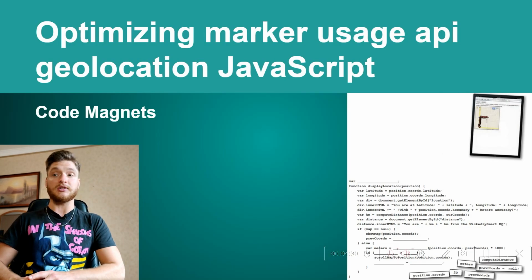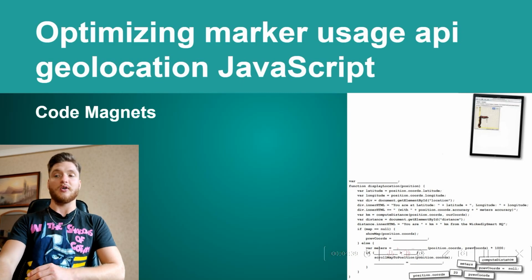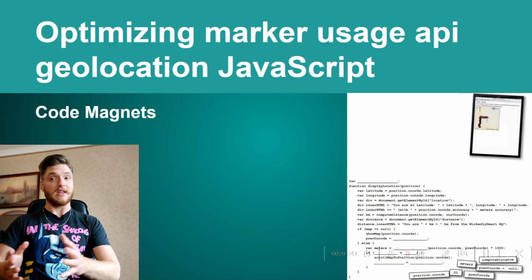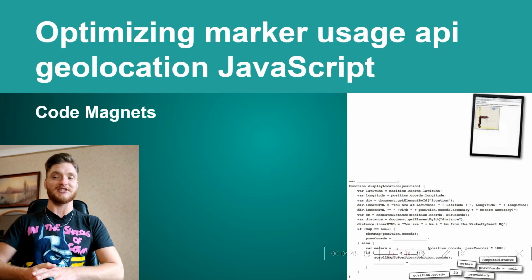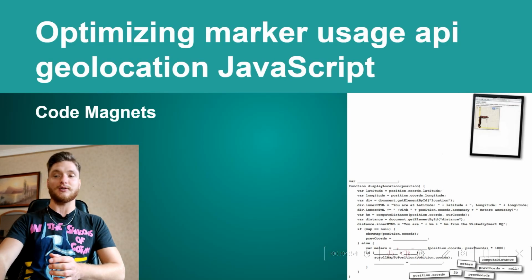The third parameter, options, for getCurrentPosition and watchPosition, is an object with properties you set to control the behavior of the geolocation API. The maximumAge property determines whether getCurrentPosition will use a cached position, and if so, how old that position can be before a fresh position is required.